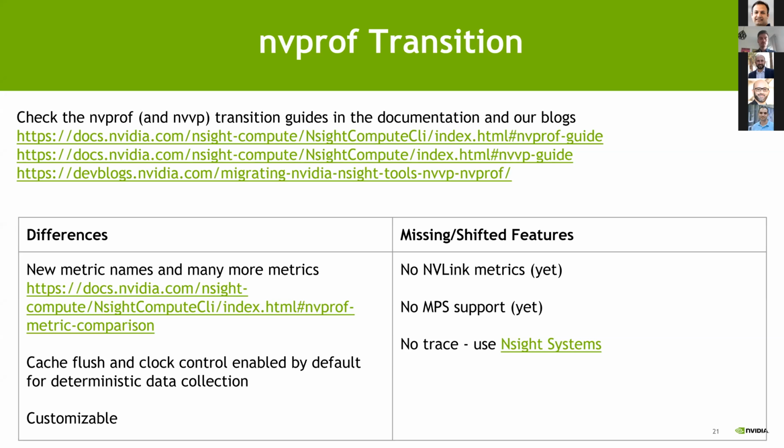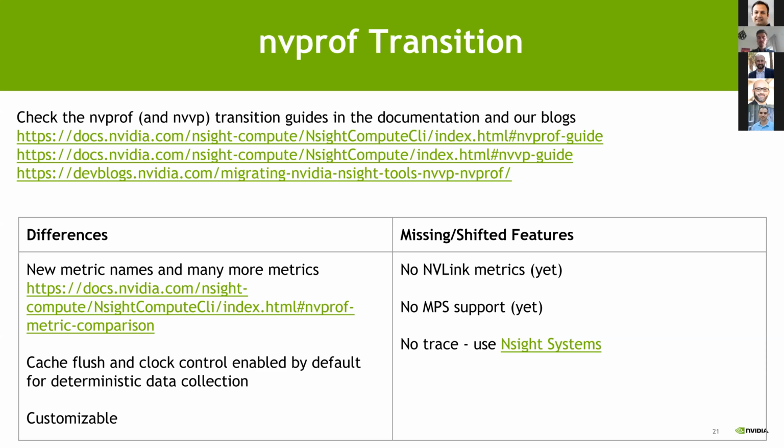Some other differences to keep in mind, besides the different metric names, is that flushing the caches and controlling the GPU clocks is enabled by default in Nsight Compute for more deterministic data collection, especially if you have a kernel replay, and that the tool is much more customizable.